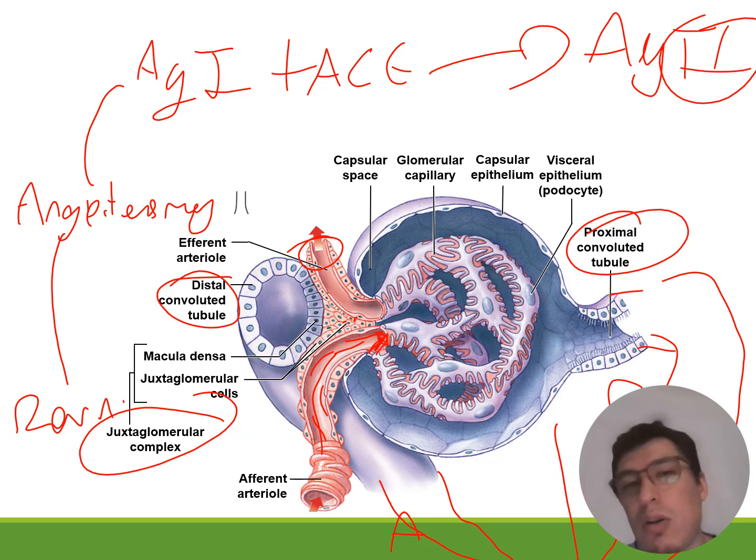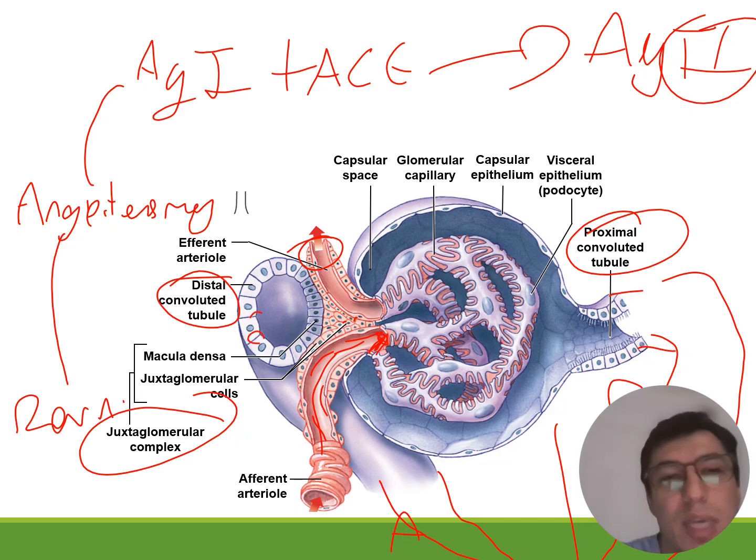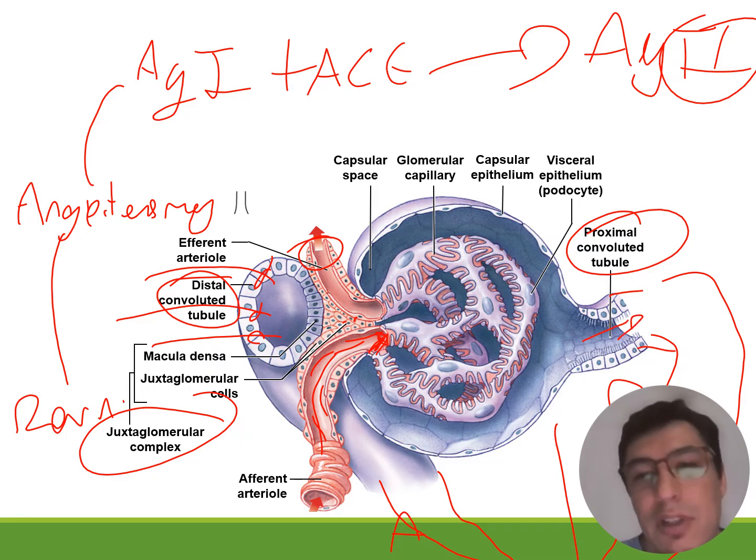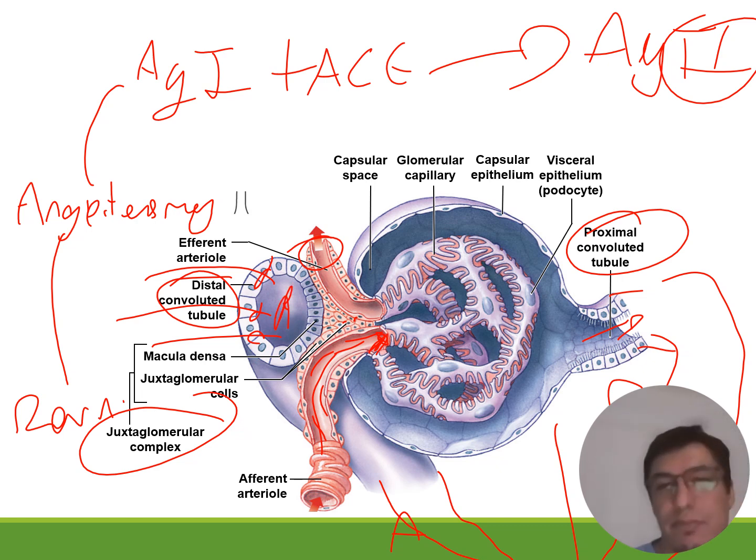By doing so, we're also activating antidiuretic hormone, which puts aquaporins into this membrane so we can actively reabsorb the water and keep more blood volume, more water inside of our body. Remember that what is inside of this filtrate is not blood anymore. This is the urine, the waste that we're trying to get rid of.